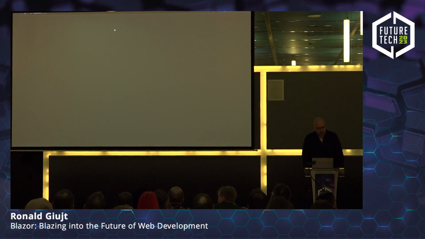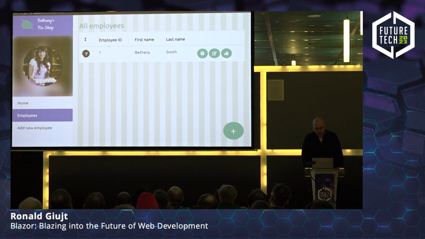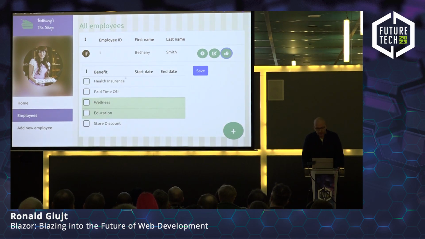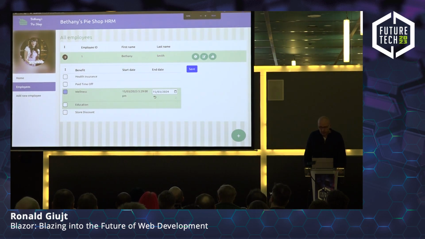So when I run this and I go to employees, I see a list of employees, and I can go to the thumbs up symbol, and we have this benefit selector. Now this benefit selector renders a number of benefits, and you can see some are highlighted, and I can click on it, and when I click on it, a date appears, and I can set an end date.